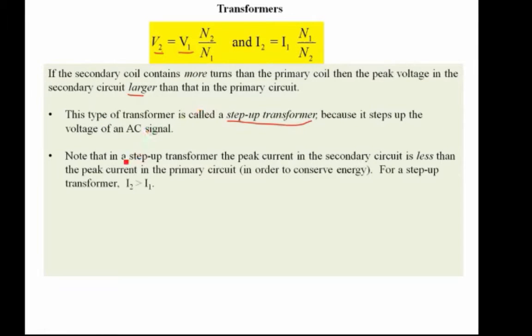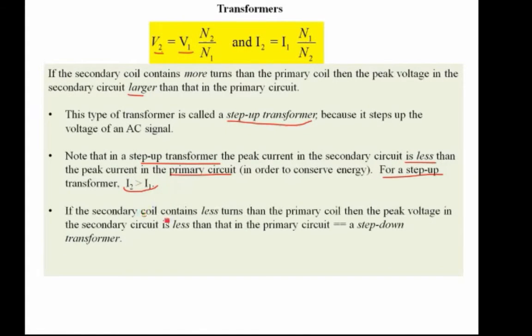Notice that in the step-up transformer, the peak current in the secondary circuit is less than the peak current in the primary circuit because of the inverse of the turns ratio here. So if this is larger than 1, this will be less than 1. And you have to have that in order to conserve energy.